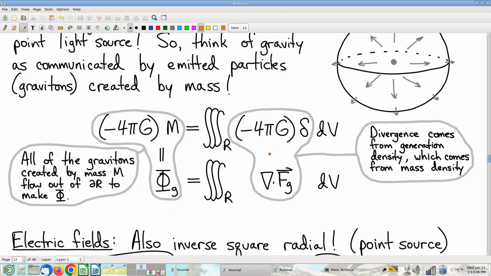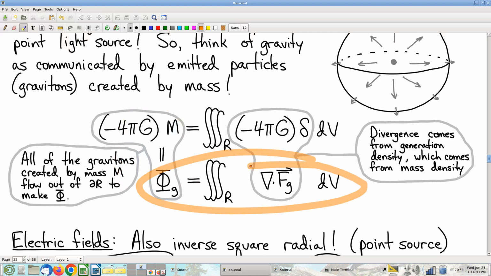Okay, so we're almost done here. This is just an observation that mass is an integral of density. This is an observation that mass creates gravitons that create flux. Gauss's divergence there. So check it out.